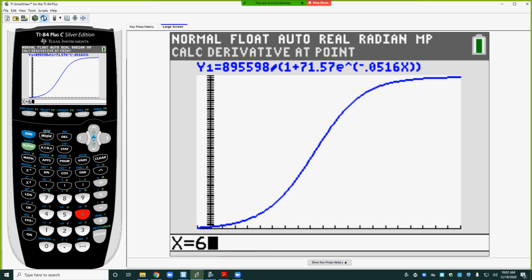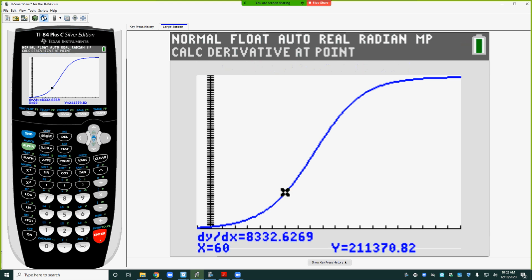So I can type in 60. And there's the rate of change in 1960: 8,332.6269 people per year. Make sure you're giving me the dy/dx value, not the y value. We haven't yet hit the inflection point.